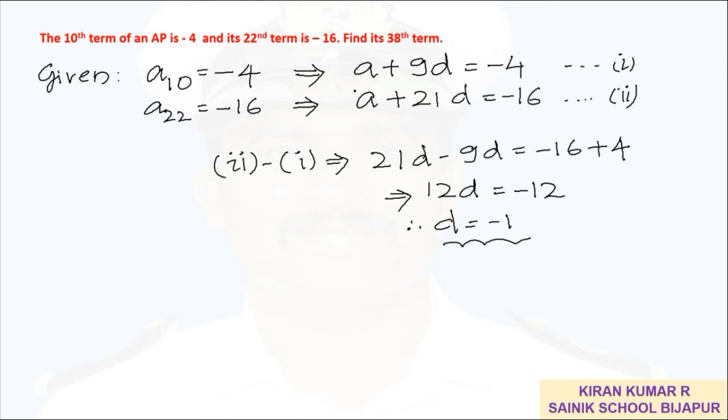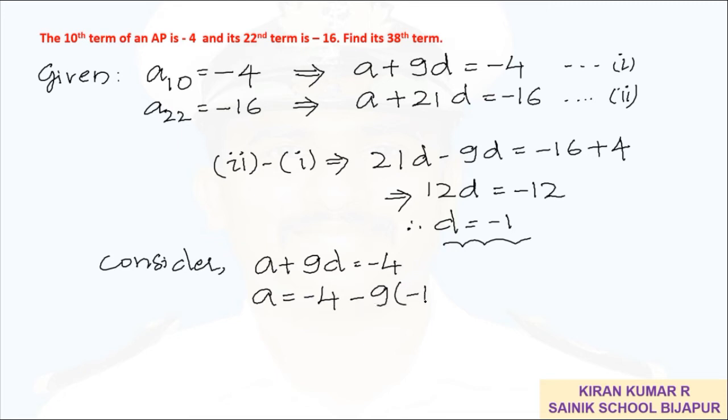Once one of the variables is found, I can find the other by considering one of the equations. Consider A plus 9D equal to minus 4. So A will be equal to minus 4 minus 9 times of D, which is negative 1. We get it as negative 4 plus 9, nothing but 5. 5 is the first number and the common difference is negative 1.